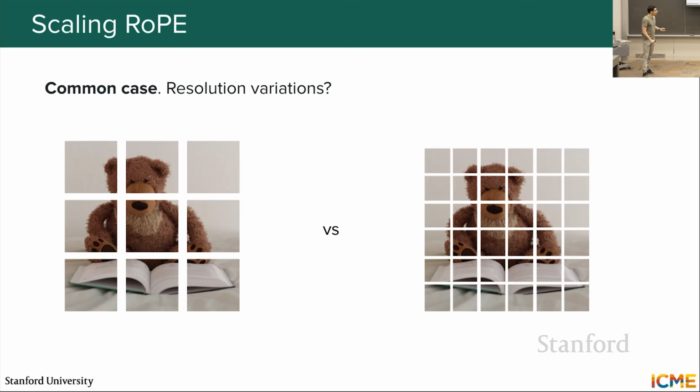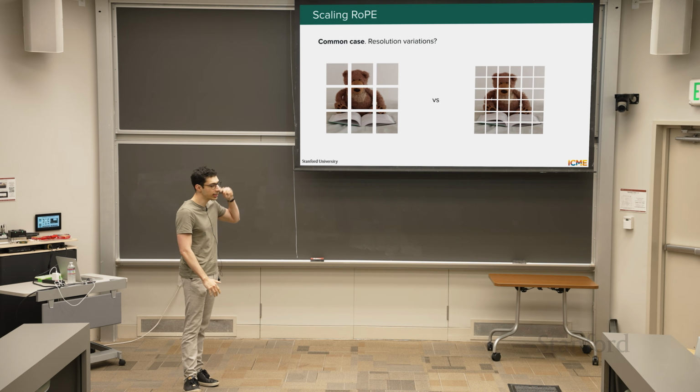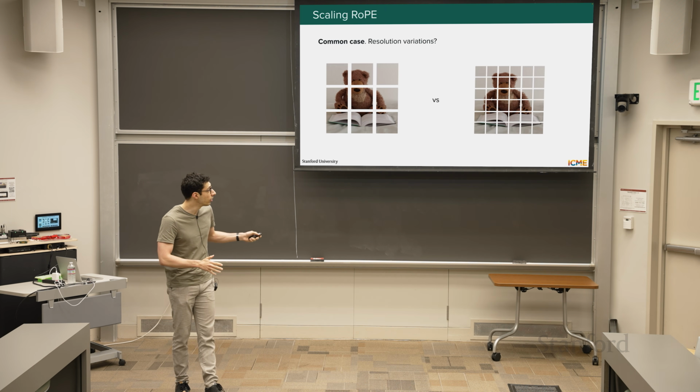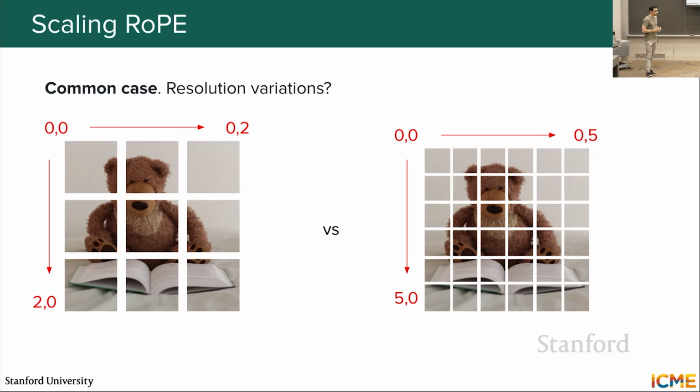And something else that you might worry about, beyond taking into account the 2D case, is how to make sense of these positions when you have a different number of patches presented to you. So for example, let's say your teddy bear is in low resolution versus high resolution. How does it make sense, as a model, to interpret what is at the center of the image versus what is on the left or what is on the right?